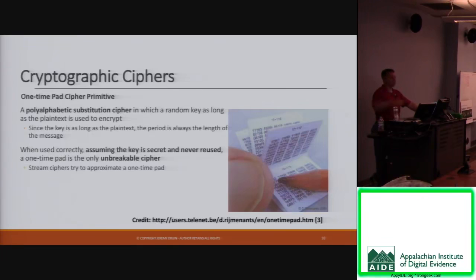When they used the key repeatedly, they broke the cardinal rule of the one-time pad, which is never reuse the one-time pad. Because the Americans were able to do comparisons, they were able to end up breaking some of the codes that way. But that tends to always be the problem with cryptography, at least in the modern age. It's not so much the cryptography that's weak, it's the people using it who make mistakes.